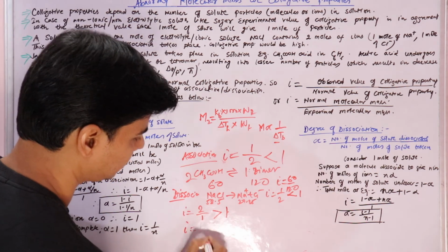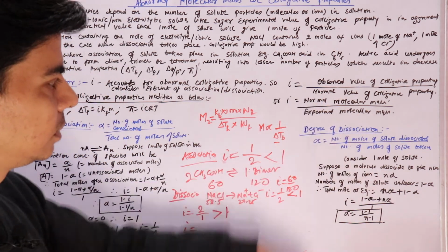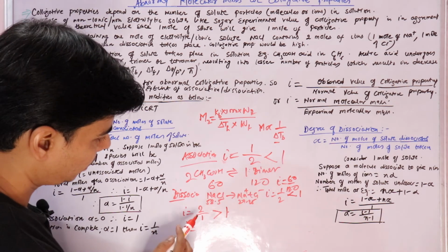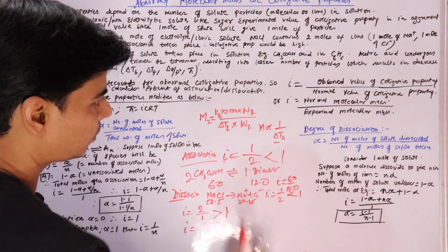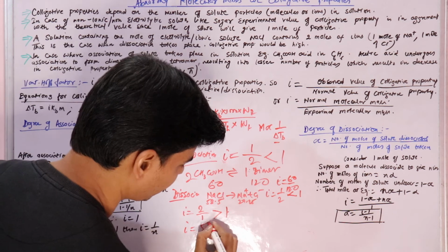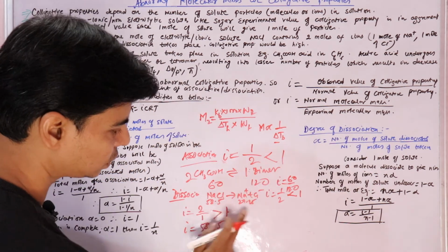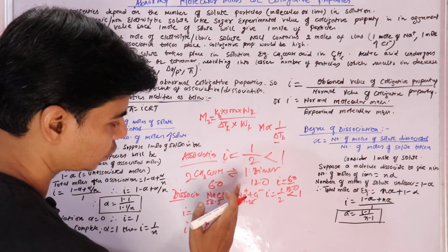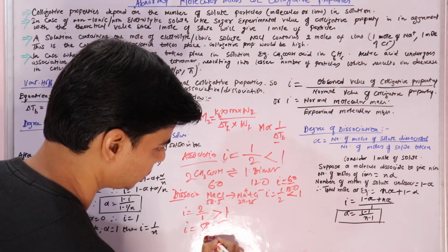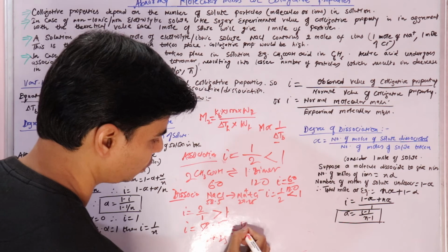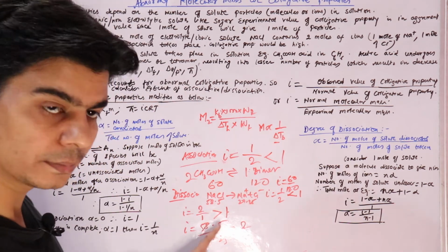Now let's calculate it from the molecular mass concept. The normal molecular mass was 58.5, and the experimental one, where these dissociated to form sodium and chloride ions, was 29.25, which is around 2, the same as above.